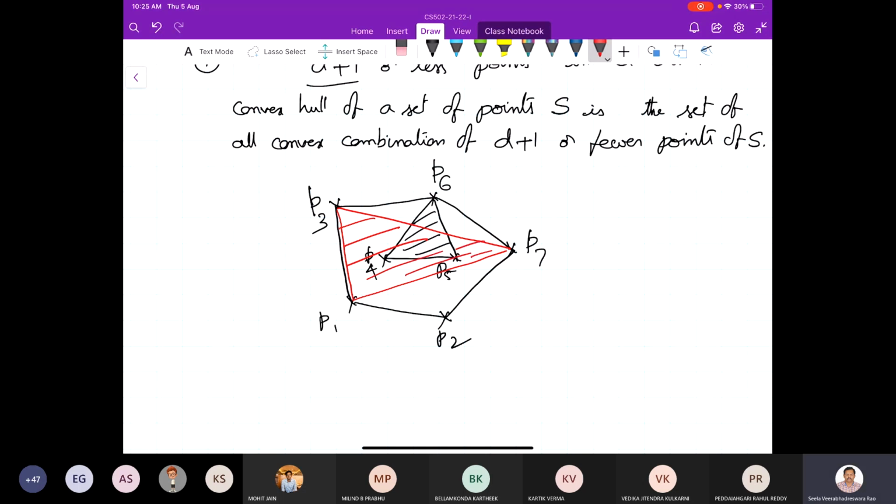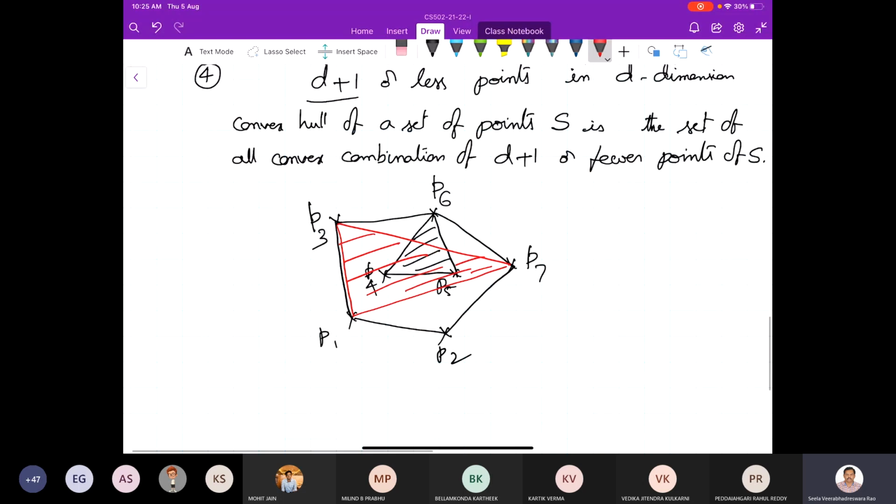So like that, if you start taking three points at a time, and take the convex combination of all the points and take the union of all of them, what you will get is all the points within this convex hull. Is this definition clear?